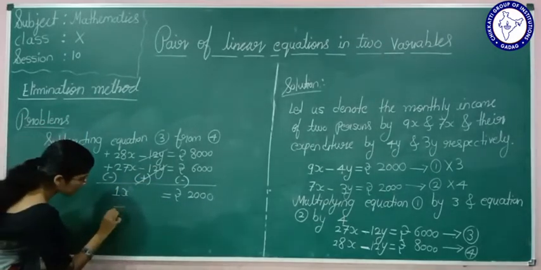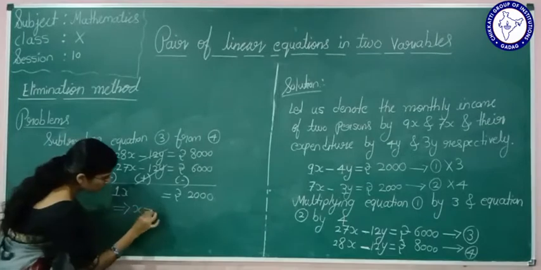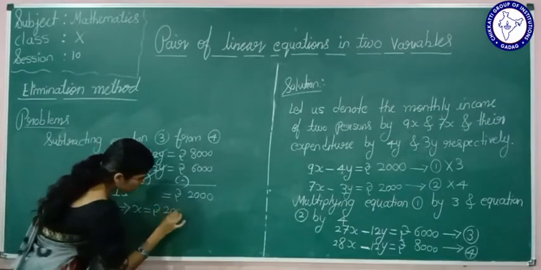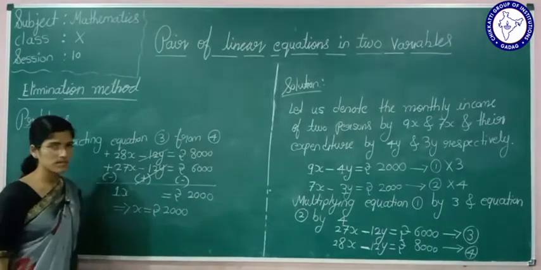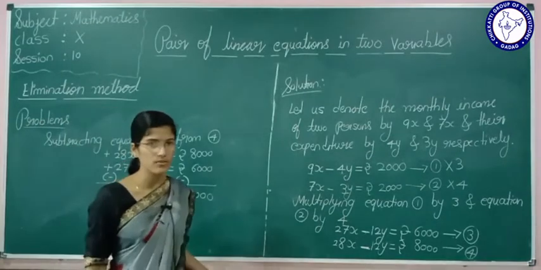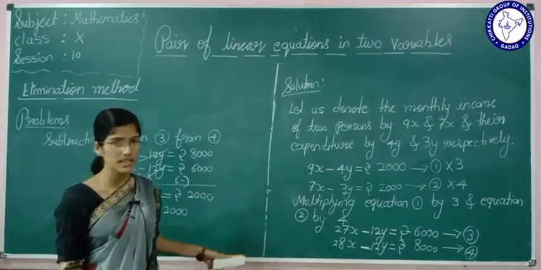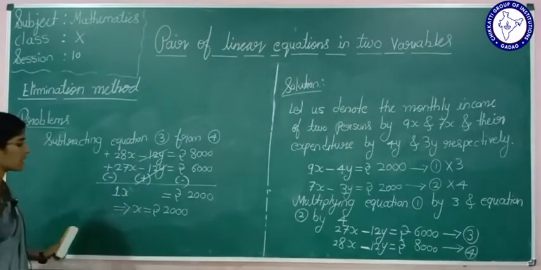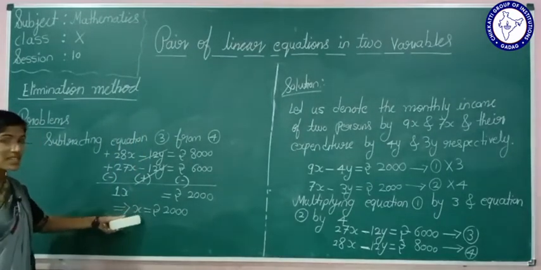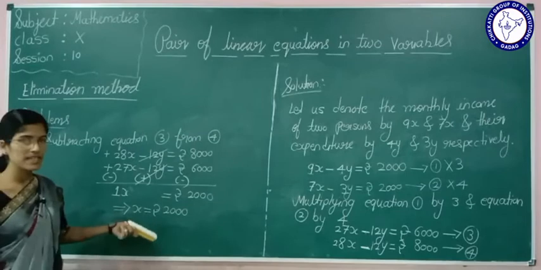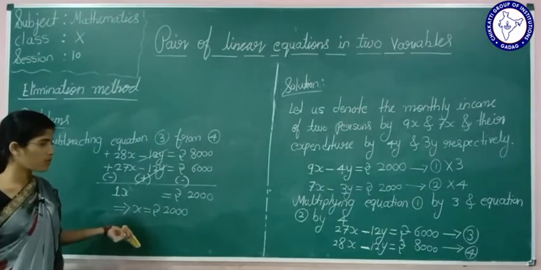Now this implies x is equal to rupees 2,000. We got the x value. What we have represented by x is nothing but the monthly income. We have denoted monthly income by x and expenditure by y.